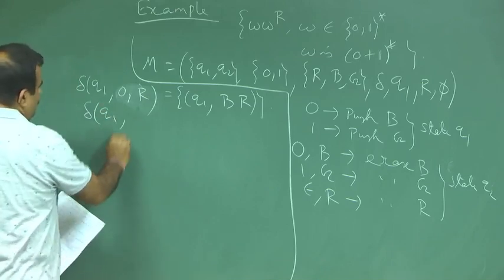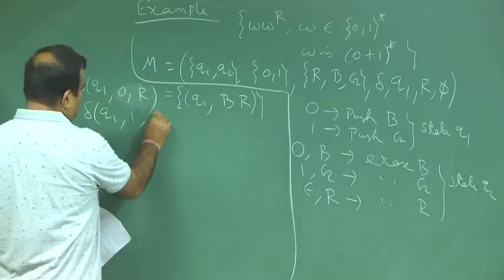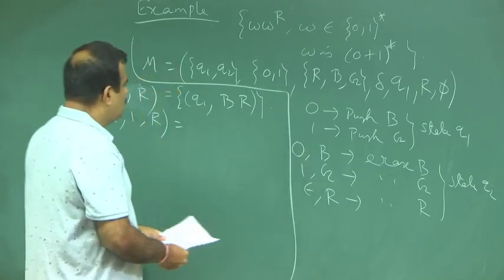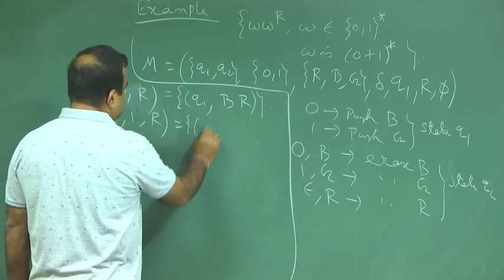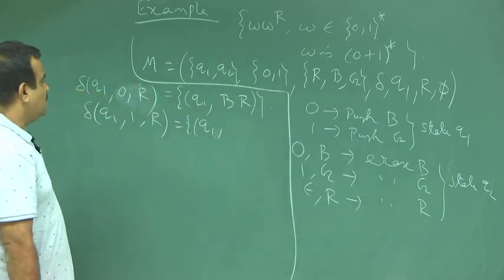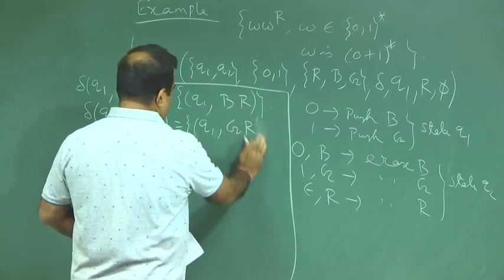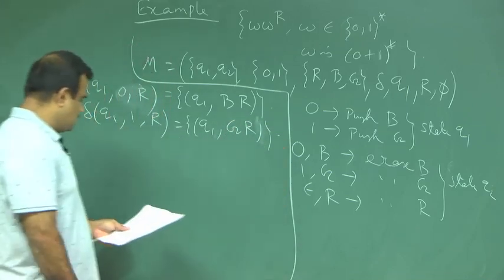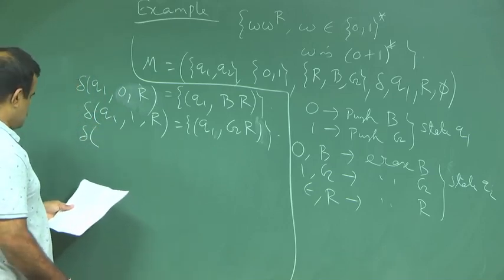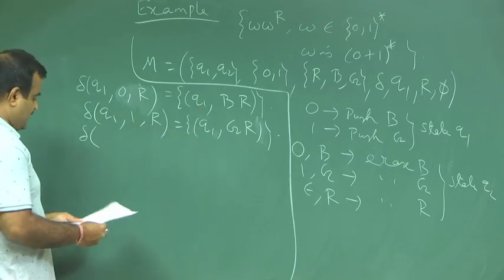Delta of Q1, if you see a 1 R, if you see a 1 from Q1 we will push. So, we remain at Q1, that is the rule we are following, and we push G, G R. This is again a singleton set, and then delta of this is non-deterministic, but we have only one option over here, that is fine.